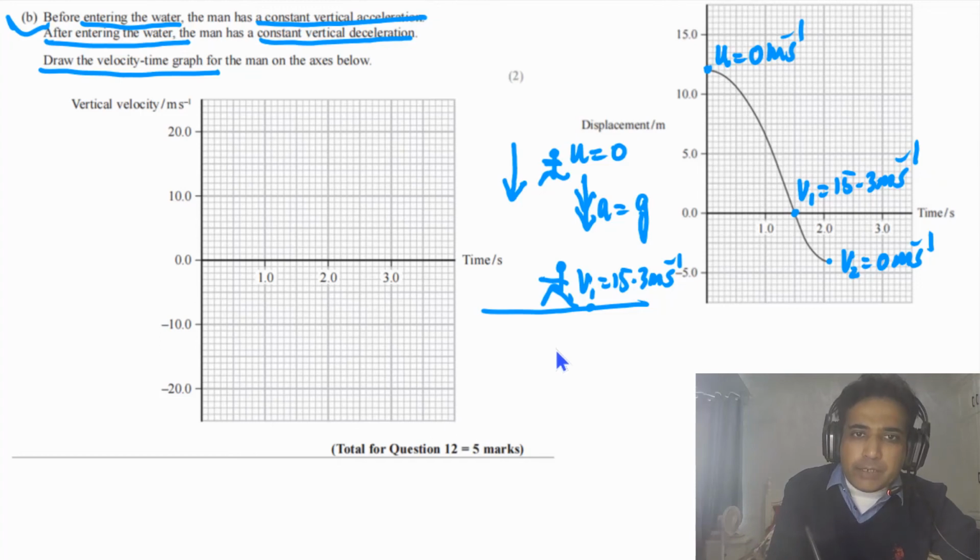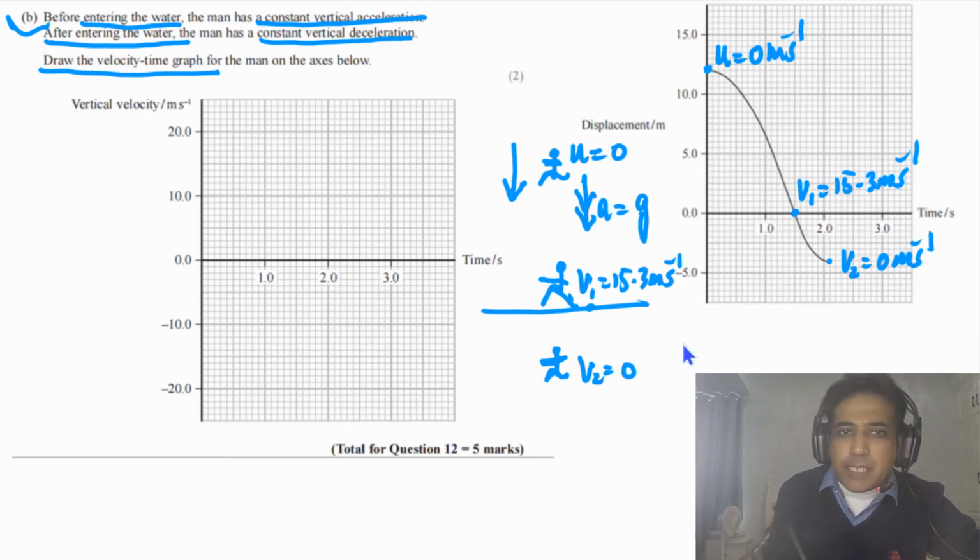And finally, when the person is somewhere in the water, its velocity becomes 0. So at this point v2 is equal to 0. But when the person is inside water, acceleration is upward, so the person will decelerate.